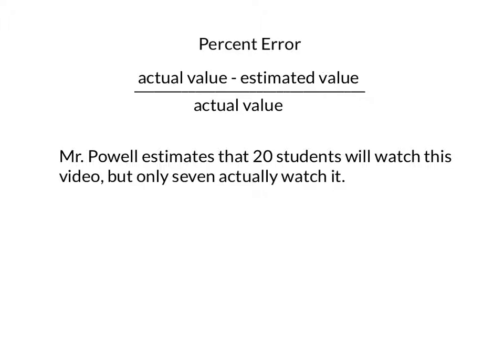So what's the percent error? Well, the actual value 7 minus the estimated value 20, all divided by the actual value 7. So this equals negative 13 divided by 7.